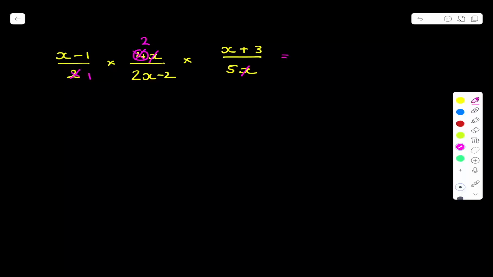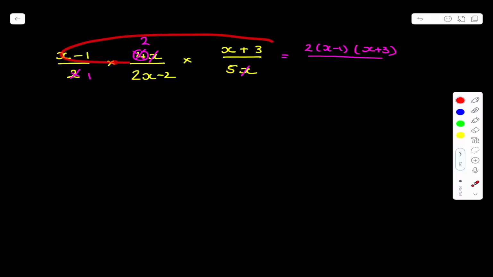Okay, so my numerator now is just 2 times x minus 1 times x plus 3. So I've just multiplied all of these, and my denominator is basically that times 5 times 1, so it would just be 5 times 2x minus 2.